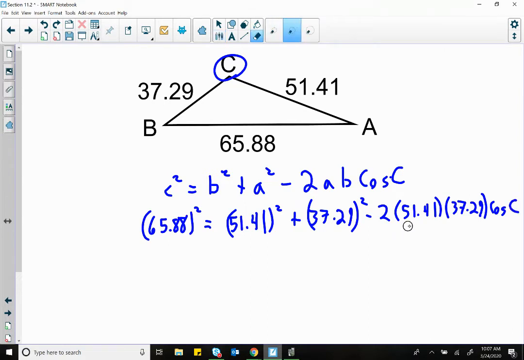So in this, we're basically going to take all this information right here and move it over there. The first thing we need to do is get rid of these two numbers, and I'm going to basically subtract them over to the other side. How do I get rid of a positive number? Subtract it over.